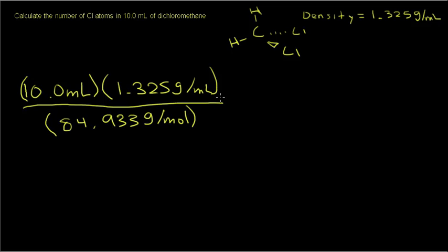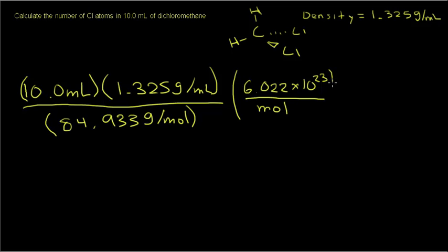Okay, so now we would like to figure out how many molecules of dichloromethane we'd have. So we can do that using Avogadro's number, 6.022 times 10 to the 23rd, and this is in units of per mole.